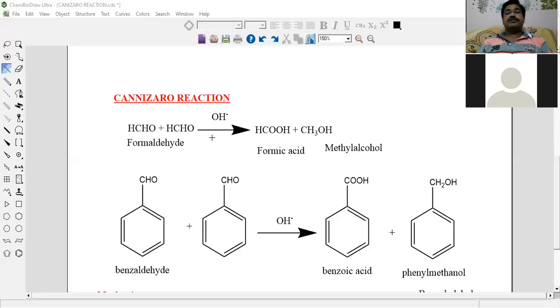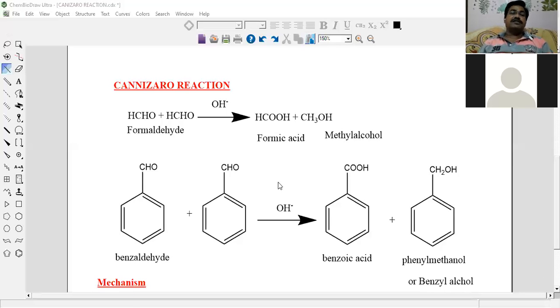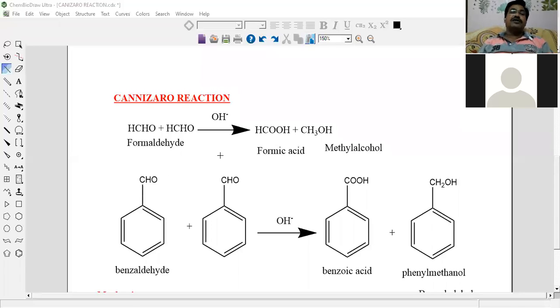That's why we call the Cannizzaro reaction a self-redox reaction. In another way, we call it the disproportionation reaction, meaning the reaction in which oxidation and reduction are carried out in a single molecule.